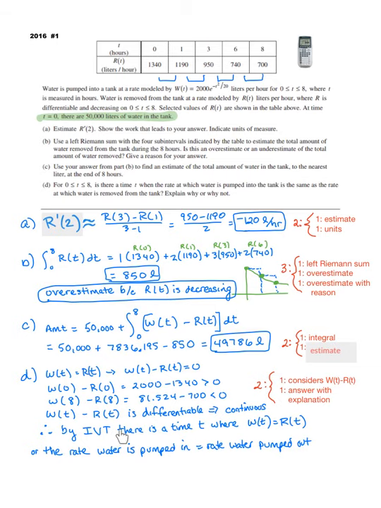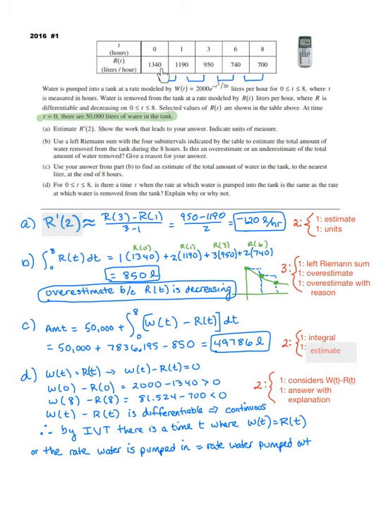And so what we have to do is determine that. Well, we know that at 0, W of 0 minus R of 0, we know that W of 0 is 2,000 because we can just plug it into the equation. E to the 0 is 1, so W of 0 would be 2,000.